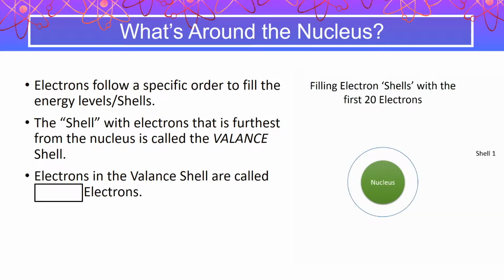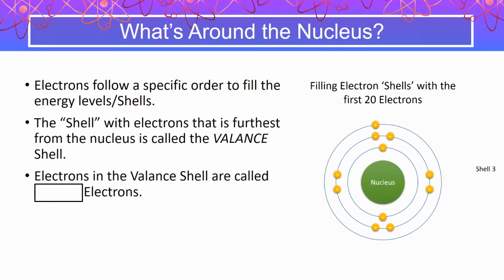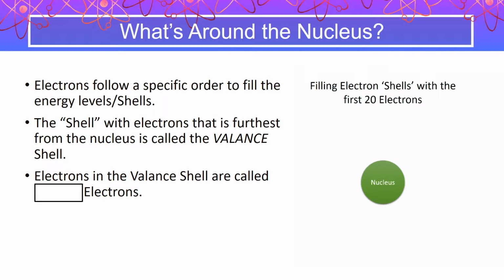And as you keep filling, those shells or energy levels have more and more energy, and they fill up first: 2 in the first shell, 8 into the second. Then something around shell 3 happens that's a bit odd, and you can put 8 in, but once you get to 8, you end up having a 4th shell and going up to that, instead of going to the maximum of 18 that the 3rd shell can actually hold. But we're going to get into that a little bit later.